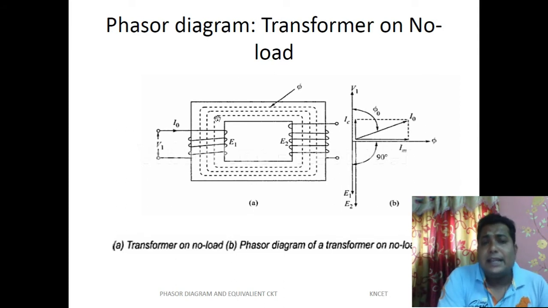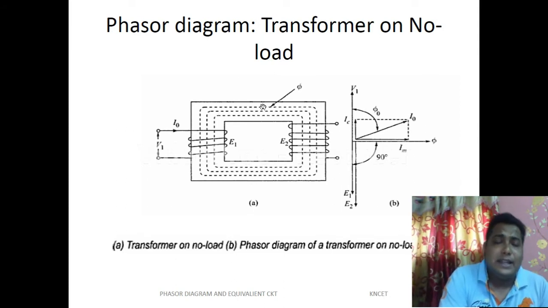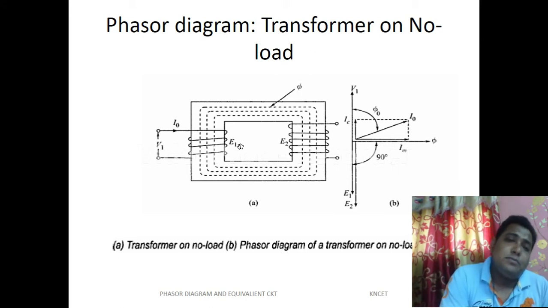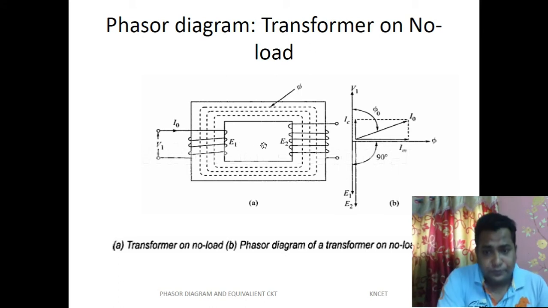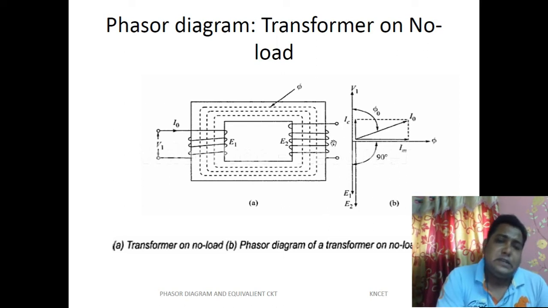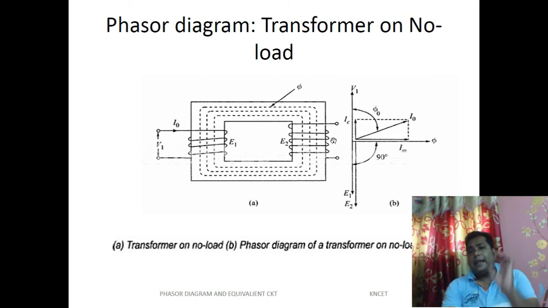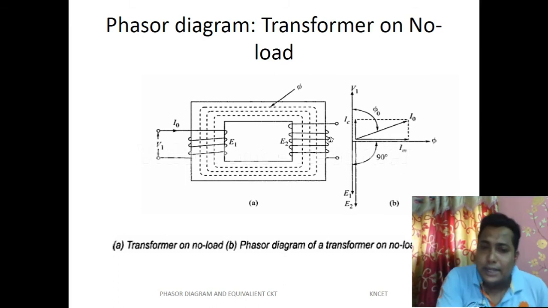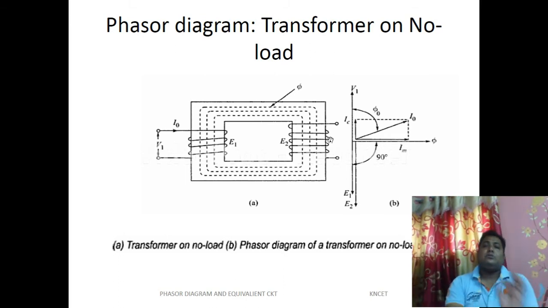Then the flux is cut, and due to that two components are generated, E1 and E2. Again, at the terminal there is a voltage V2, the terminal voltage, though it is not mentioned there, so we can assume it.